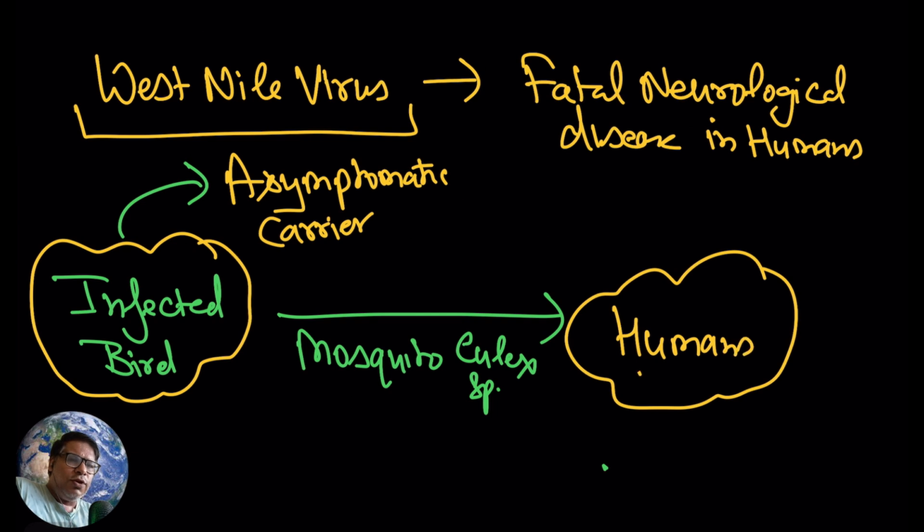Human beings are going to get the disease. So you see, from one host, the reservoir host, the parasite transfers the disease to another host. Hopefully now it is clear what are reservoir hosts. Remember, in reservoir host, generally you are not going to see the symptoms of the disease.